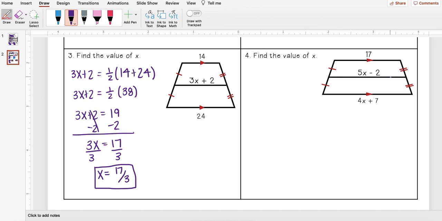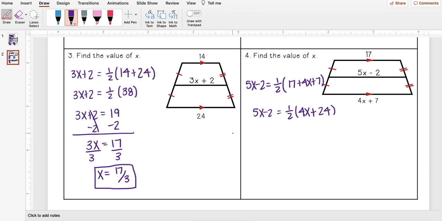I know my setup is that my midsegment, which here is 5x minus 2, is equal to 1/2 of 17 plus 4x plus 7. Okay, I'm going to go ahead and simplify terms in my parentheses. So I have 5x minus 2 is equal to 1/2 of 4x plus 17 plus 7, I get 24.